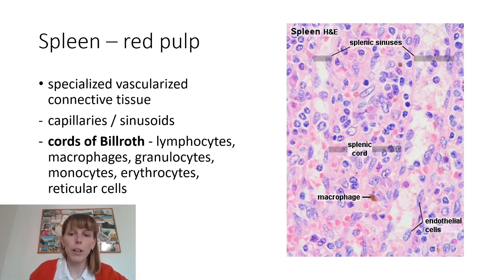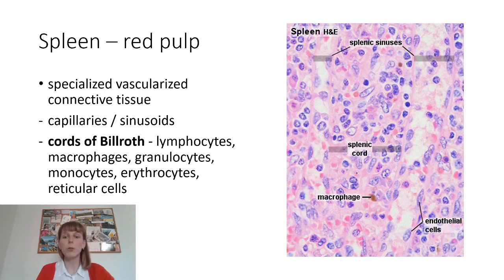In the red pulp you are destroying the dying erythrocytes, and you therefore have a lot of macrophages and other immune cells as well. Macrophages will show up in this brown color because they have a lot of hemosiderin inside them, because they destroy a lot of hemoglobin from the red blood cells.